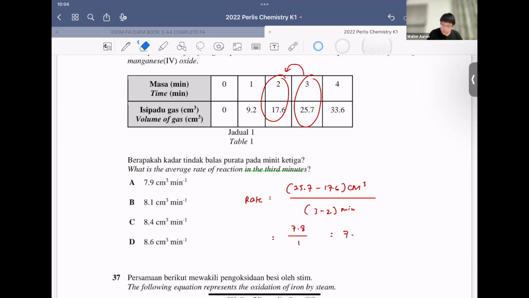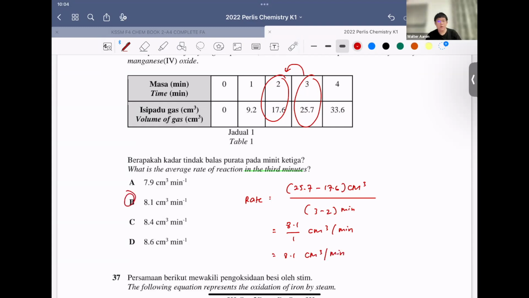Oh, sorry, wrong, miscalculated. 25.7 minus 17.6 will be 8.1, sorry. So 8.1 divided by 1. So it's definitely going to be 8.1 cm cubed per minute. So therefore, the answer here will be B.